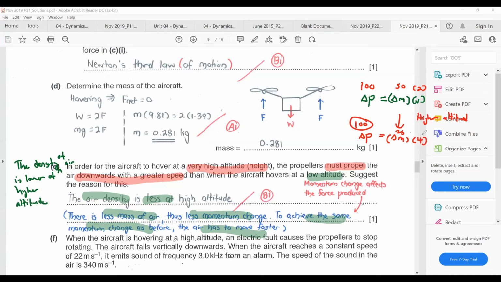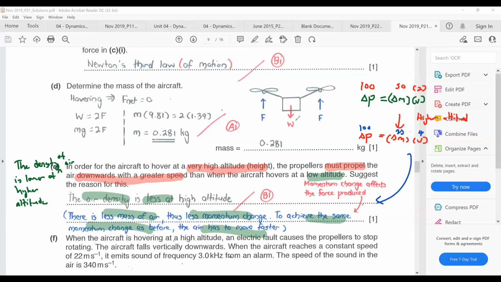Your velocity with which you move the air needs to be higher. Maybe it's 4 now. Okay. So this one would be 100, could be 25 here, and this one is 4. Okay. So this is relating to this.